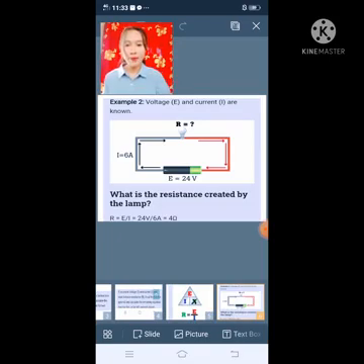Let's see the example. So, here in our illustration of a lamp, we have the voltage and current. And what we are going to find is the resistance.